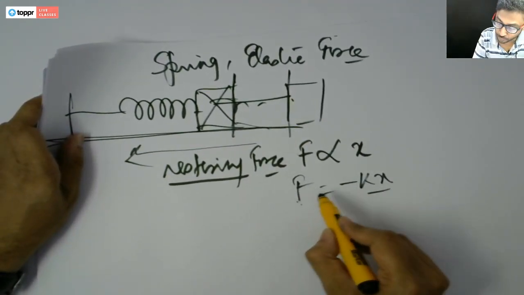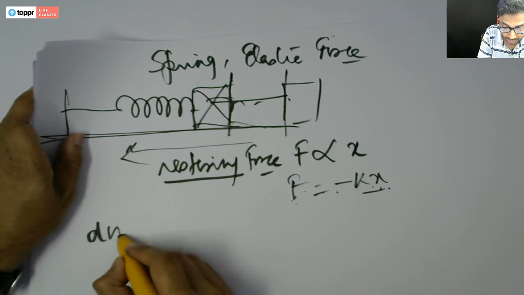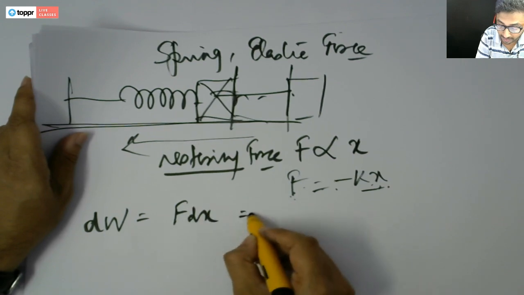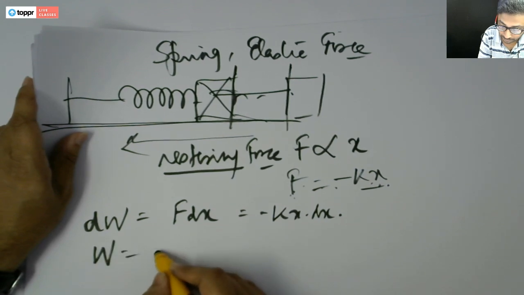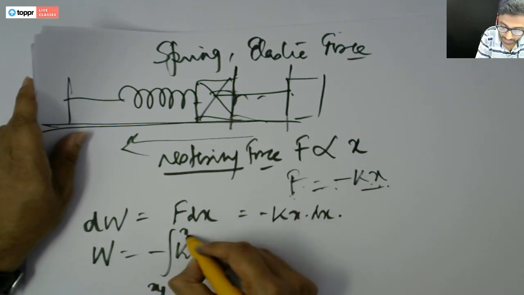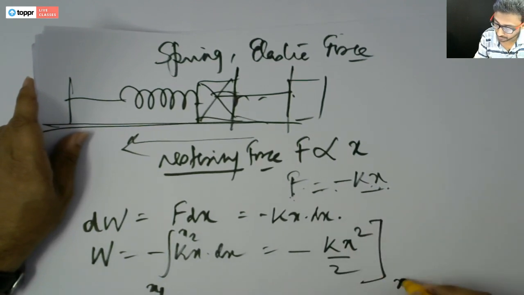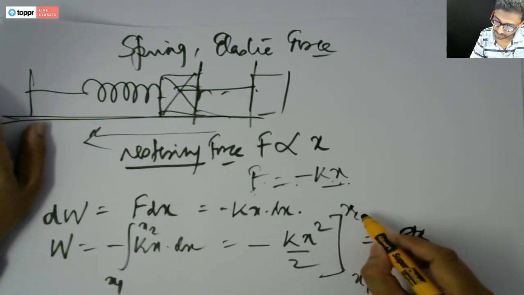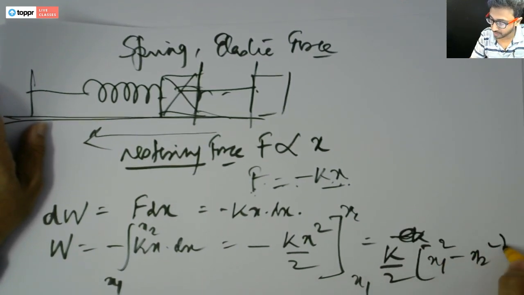We will calculate the work done for a spring for a displacement of x. Here also the force is a function of x, so definitely it's a variable force. So to calculate work done, we need to use integration. dW equals F dx, that is minus kx dx. If it is extended from x1 to x2, you can find kx square by 2 from x1 to x2, that is, k by 2 x1 square minus x2 square.